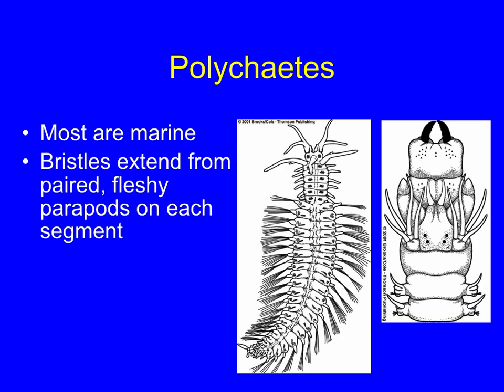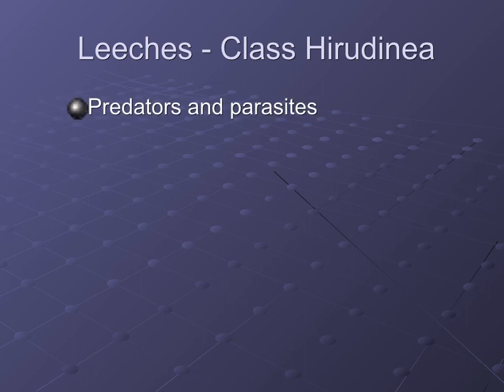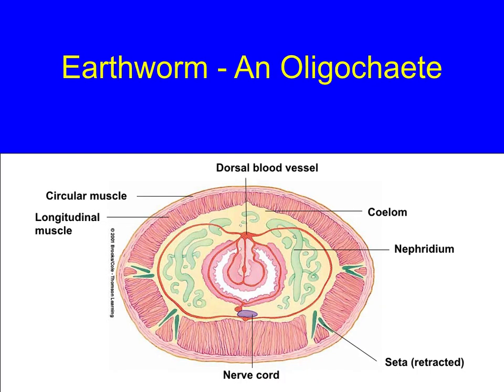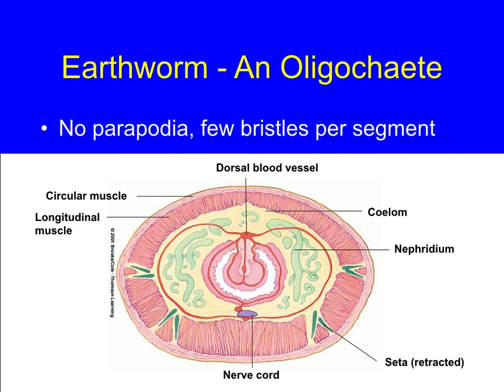Right here, bristles extend from paired fleshy parapodia on each segment. The head end is specialized. We look at the leech, predators and parasites, with less obvious body segmentation. Most have sharp jaws. And we have the earthworm right here, and it has very few bristles per segment.